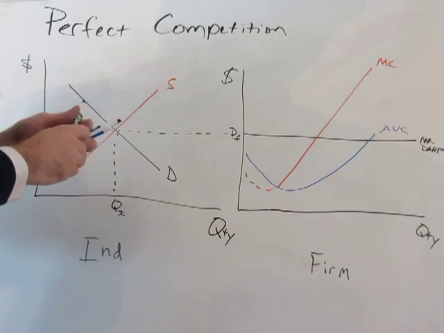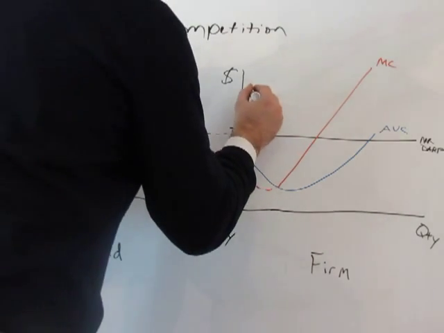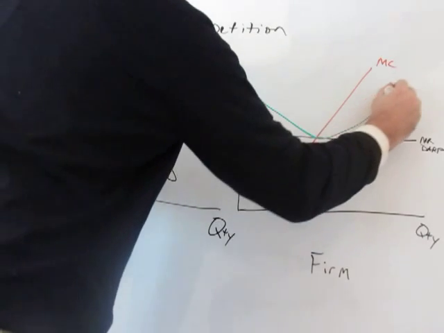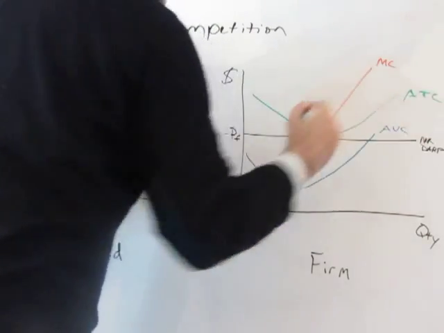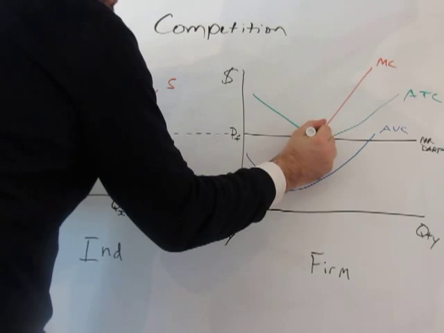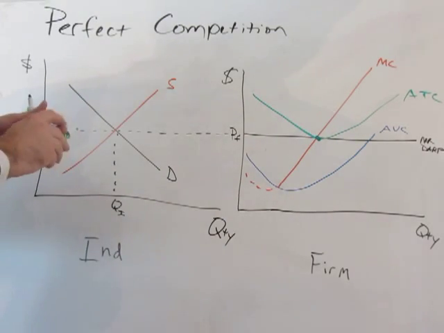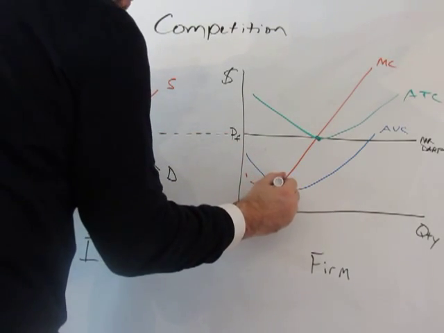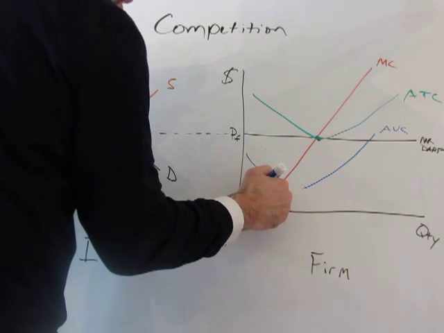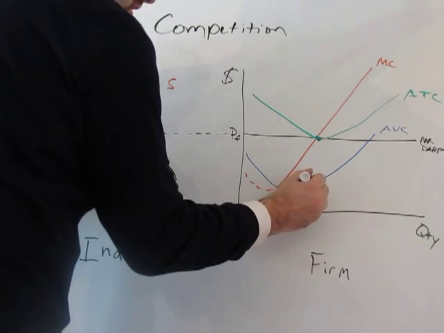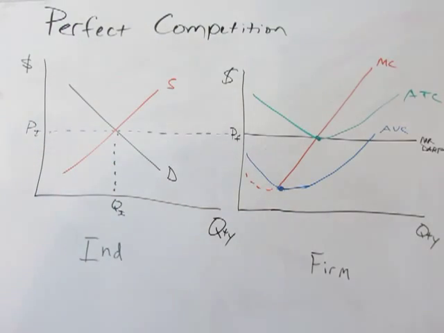Mine's a little bit off there, hopefully you'll forgive me. And then our ATC curve, which is average total cost. All right, the marginal cost curve should intersect each of those curves at their lowest point. Like I said, my AVC curve is a little bit off there. Okay, so now we have a completed firm graph.